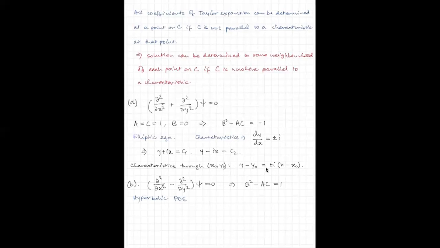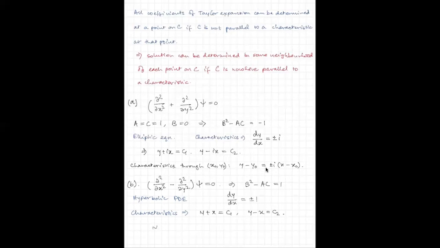And the characteristics are given by y plus x equal to c1, y minus x equal to c2, so dy/dx is equal to plus minus 1.